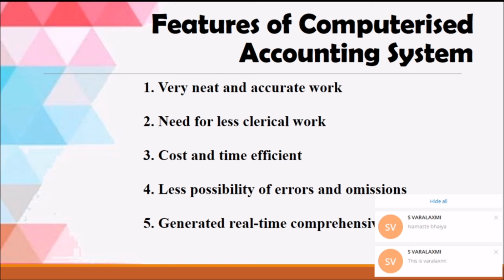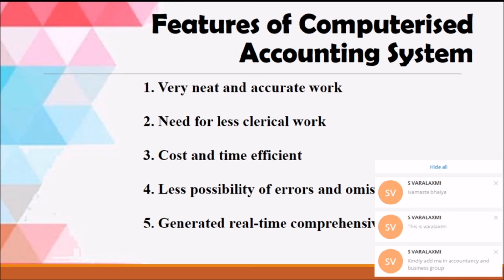Cost and time efficiency is another feature. We can reduce the cost of using material, and also we can effectively finish all the works within time, and there is less possibility of errors and omissions. You know very well, error of omission, error of commission, all those things, but there is only less possibility.